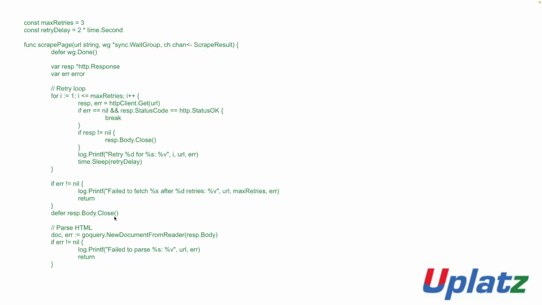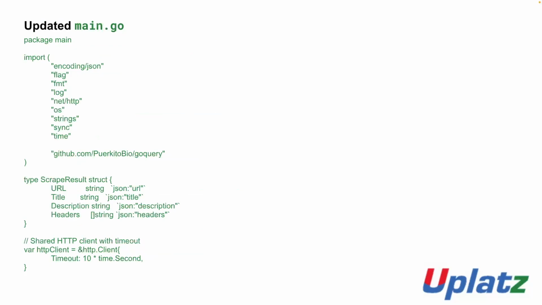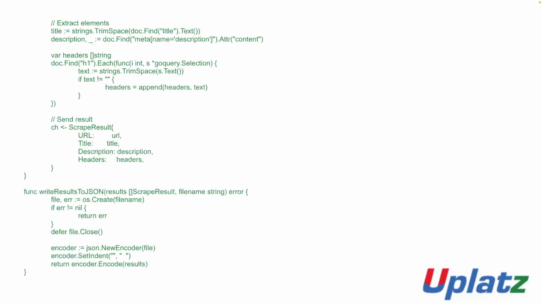Here it's closed. Now parse the HTML, just like the previous one, and log.Printf failed to parse with the error. Then extract elements, just like the previous one, with the URL, and write results to JSON, just like the previous one.